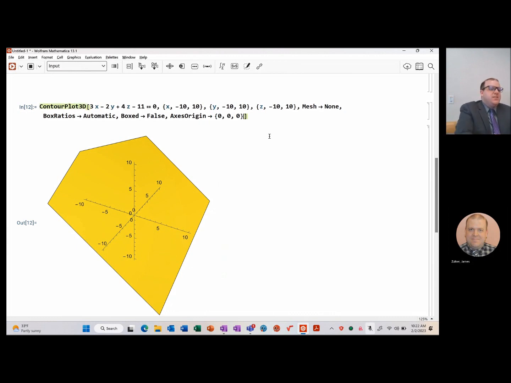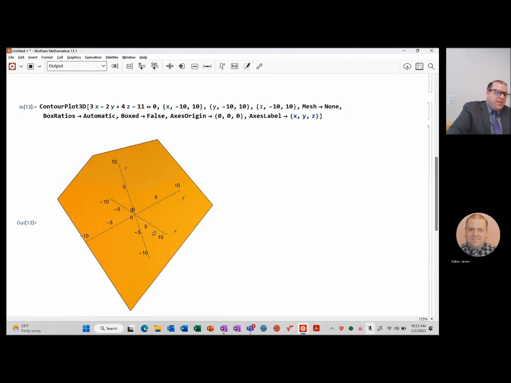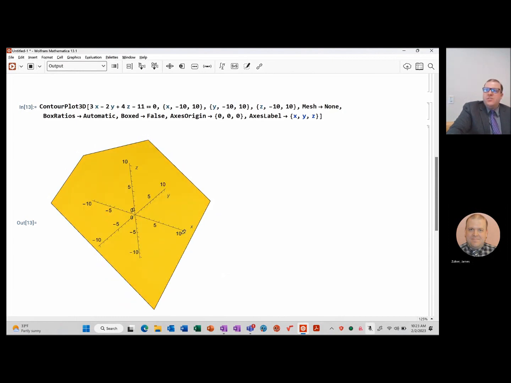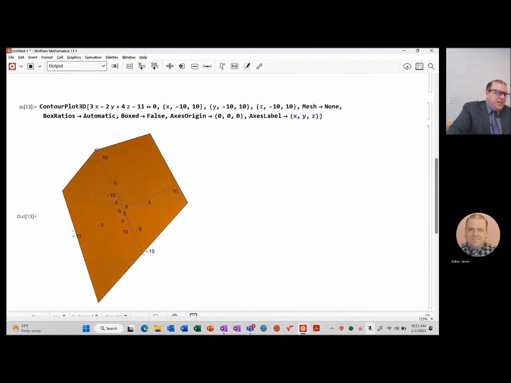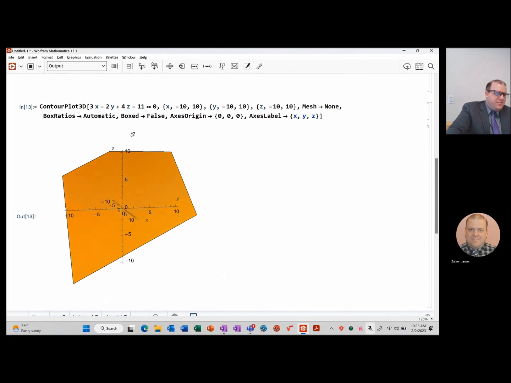Let's go ahead and label our axes. And I'm just going to go ahead and rotate it to make it look more like a coordinate system of x, y, depth, which of course is going to change the shading.